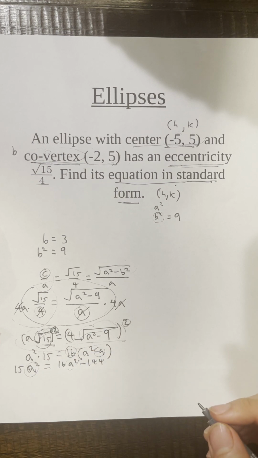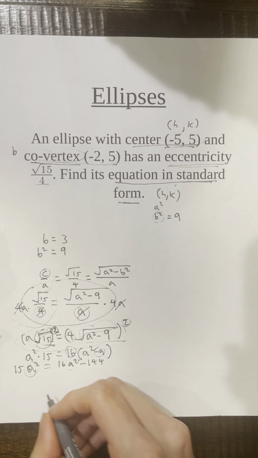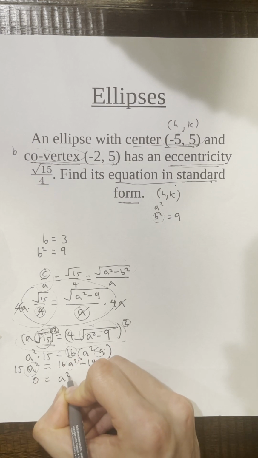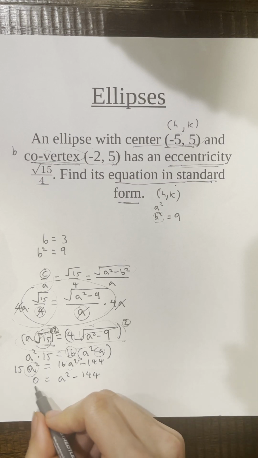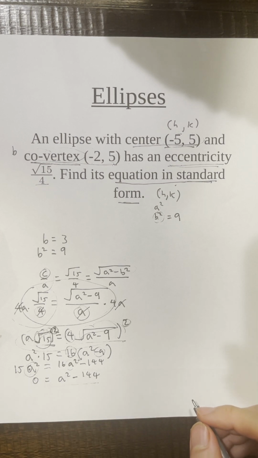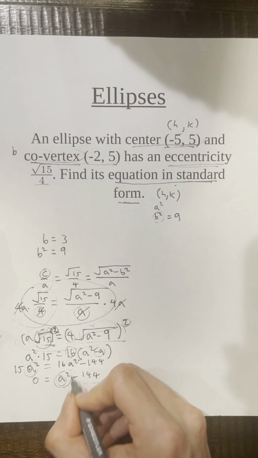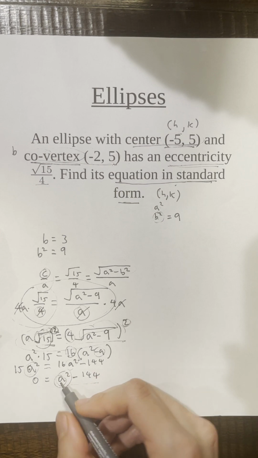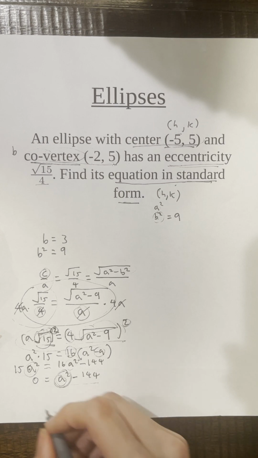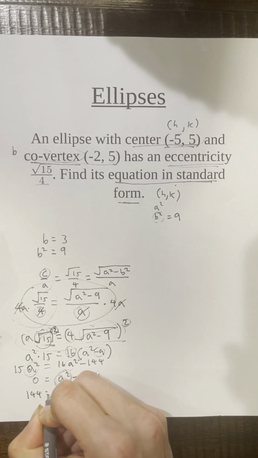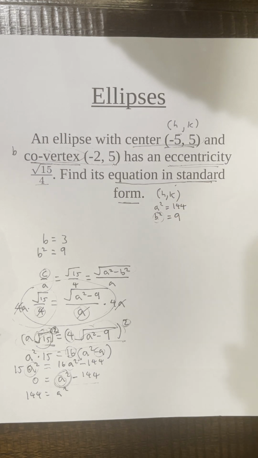Combine like terms. So I'm going to subtract 15a squared from both sides of the equation. How do we solve this equation? Well, we need to get a by itself, but before that happens, we need to get... Oh wait, we don't need to get a by itself, because we're only looking for a squared. Yeah, let's just get a squared by itself. So add 144 to both sides of the equation, and a squared is 144.